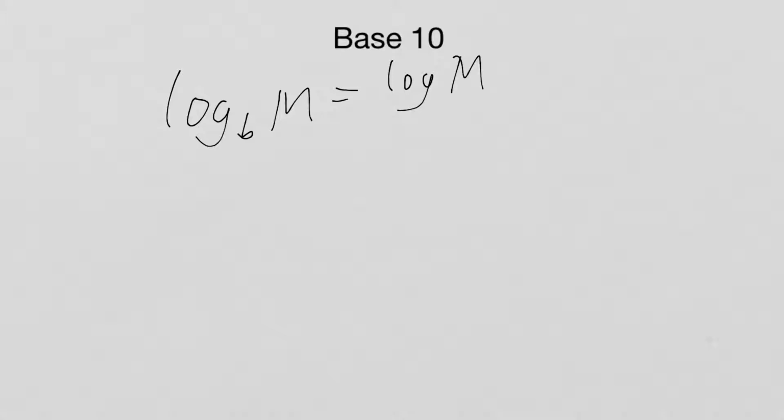So this is a little term. If you ever see someone use just log of anything, it's implied that they mean log base 10, and that's why they call it the common log. It's so common, I suppose, that with no base number, you're using log base 10.